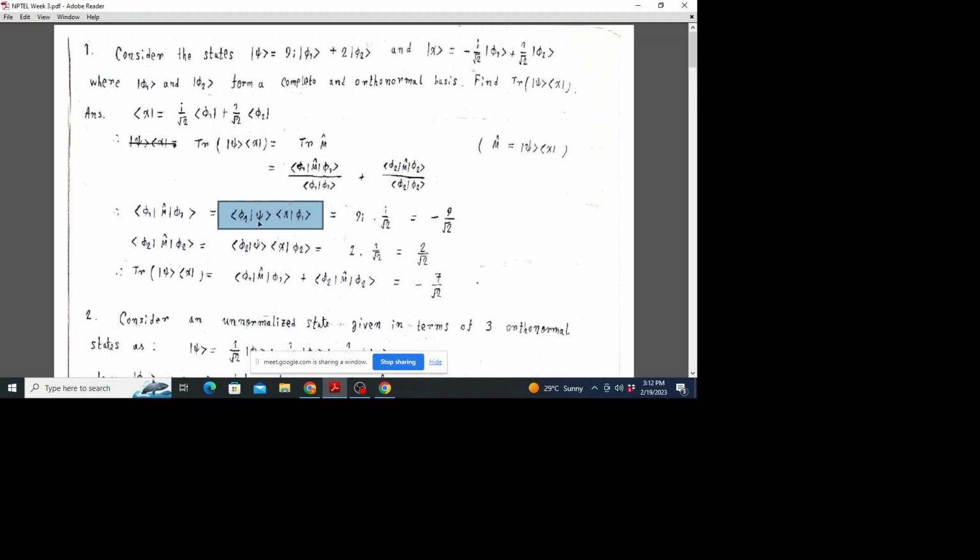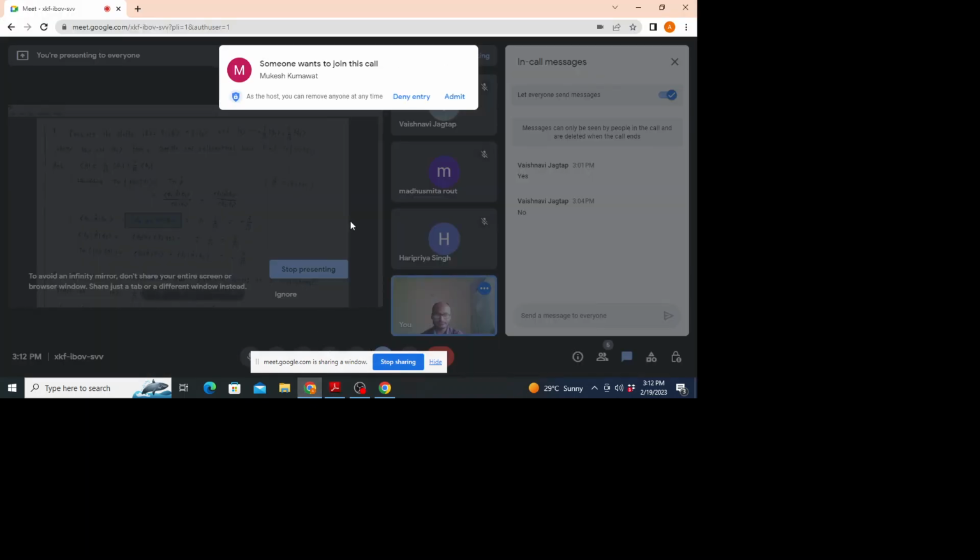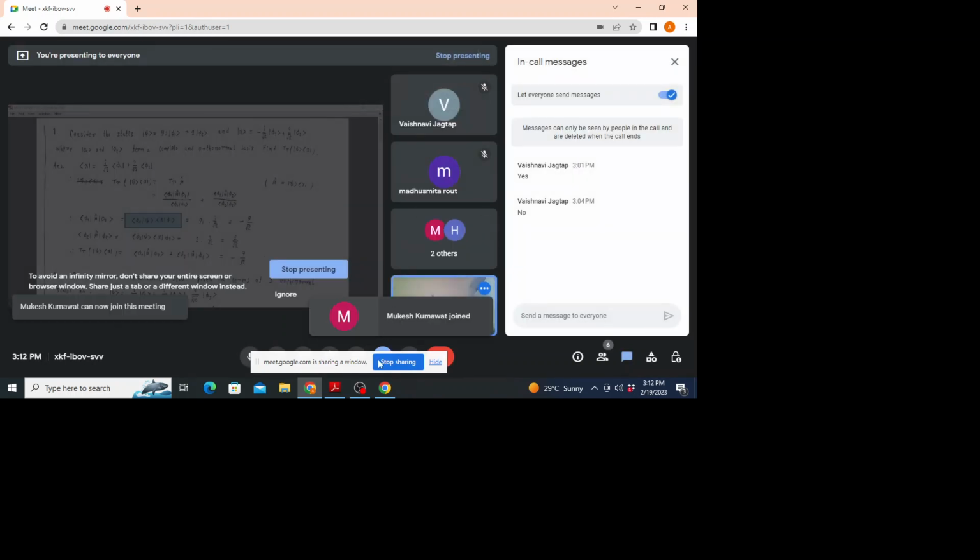In the previous assignment you have already done so, and in this week's assignment also you will get to practice a lot on how to find inner products. You need to find these two inner products and multiply them, and this will give you the numerator of the first term.